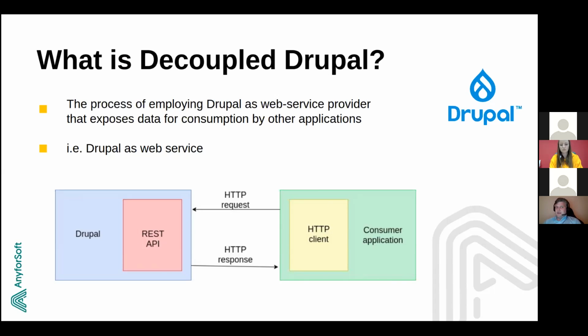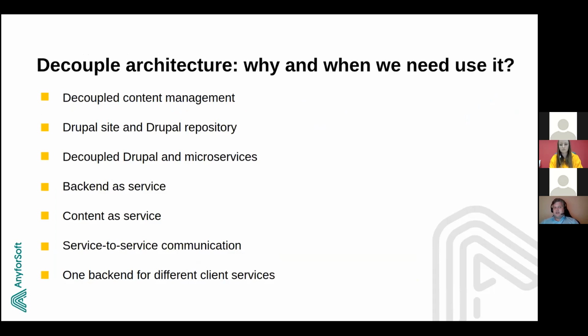But let's see it in more detail. Let's check what decoupled architecture actually is, and why and when we need to use it. First of all, it's decoupled content management.